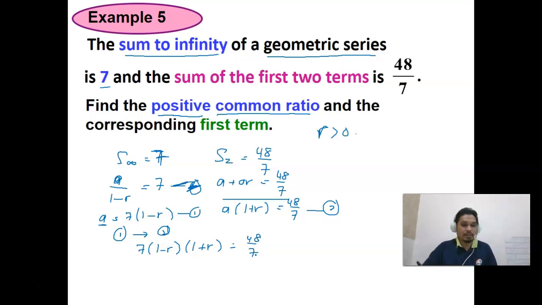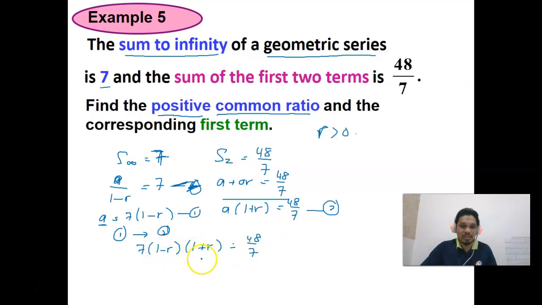Okay, from here, divide by 7 left and right. So 7 divided by 7 equal to 1, and 48 over 7 divided by 7 is 48 over 7 multiplied with 1 over 7.